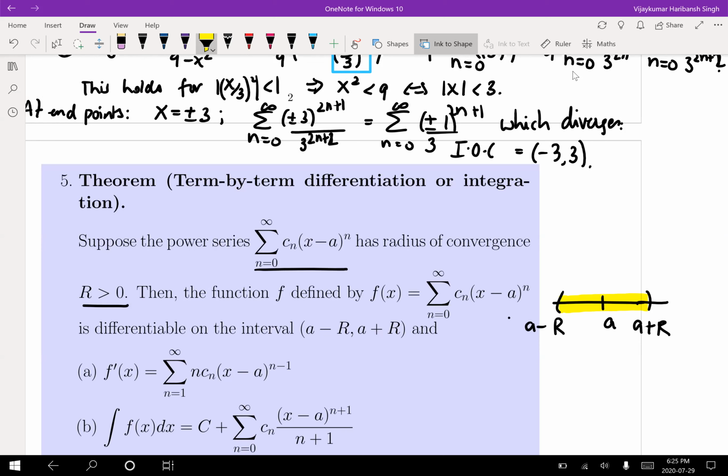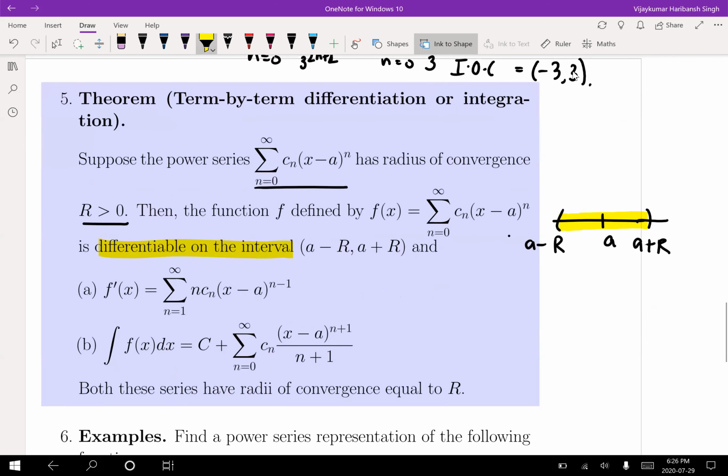So it is differentiable on interval I, and the derivative f prime x is the same series, but you take the term by term derivative. So you're differentiating term by term.